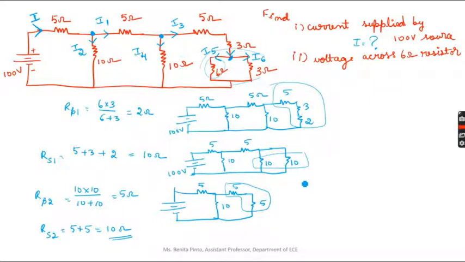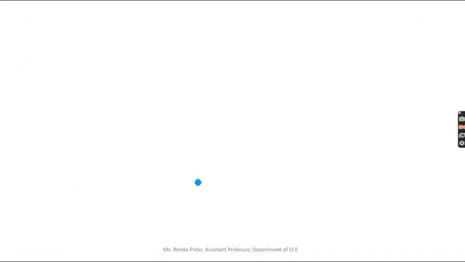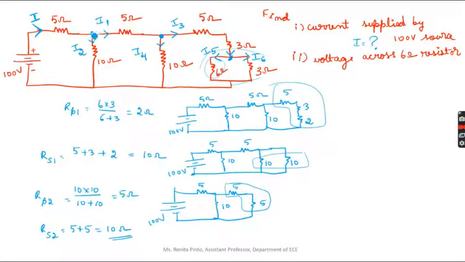Next, let me write this circuit here only. It will look like this: 5, 10, and this 10 ohm resistor, with 100 volts.